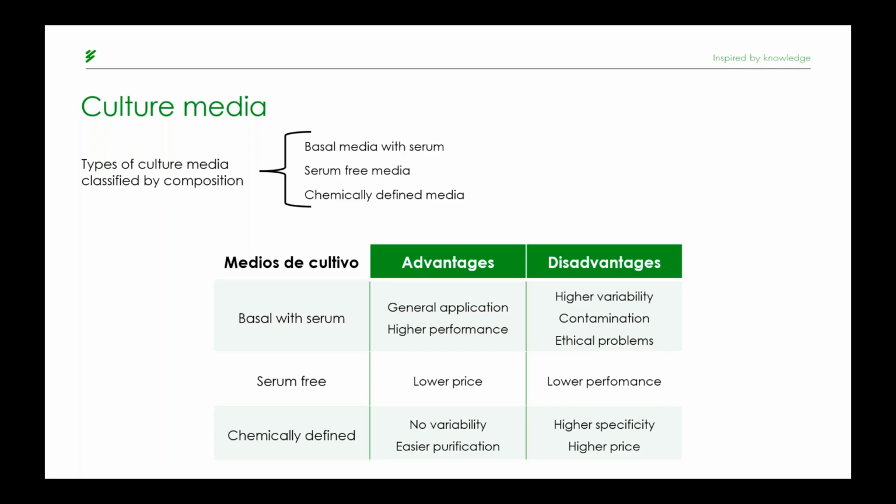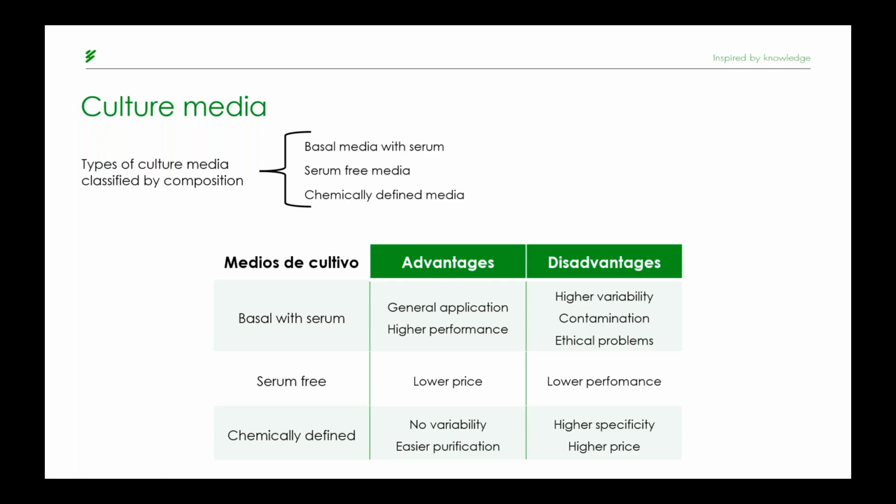Basal media is the best known and the first to be developed and used. There are many kinds in this category, but all of them have something in common, and it's the dependence on the fetal bovine serum. This supplement is obtained from fetal bovine, and it was first used in 1958.